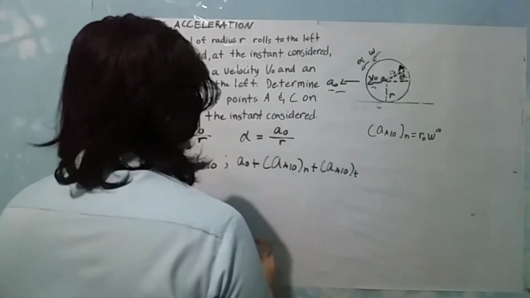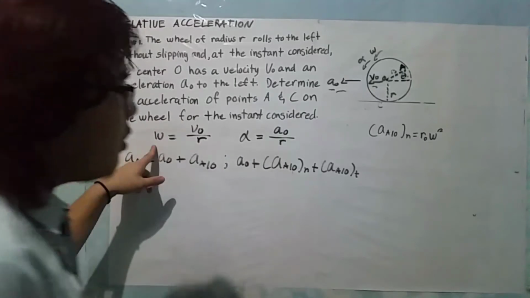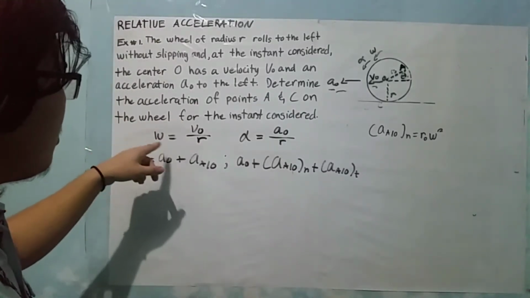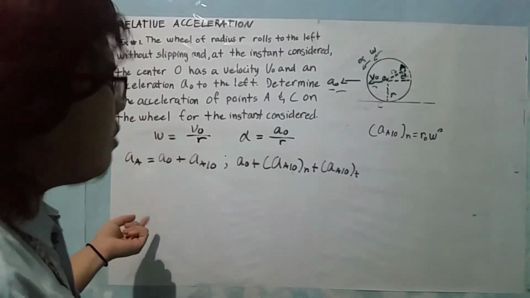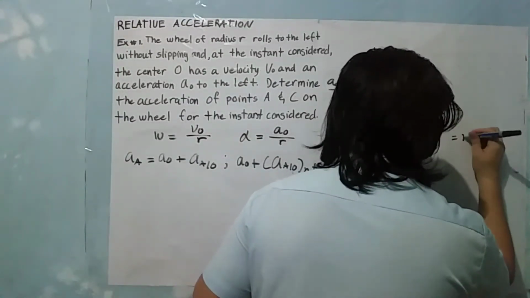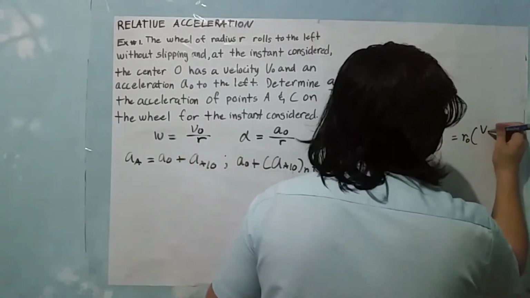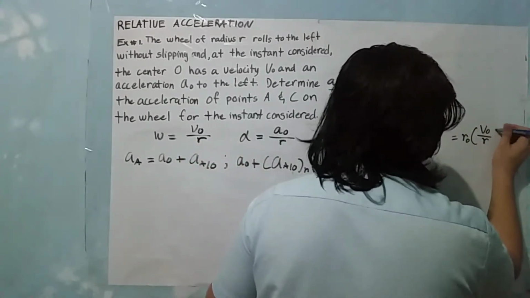Now we have an equation for the angular velocity, which is omega is equal to v sub 0 over r. So we are going to substitute that. We are going to have r sub 0 multiplied by v sub 0 over r.